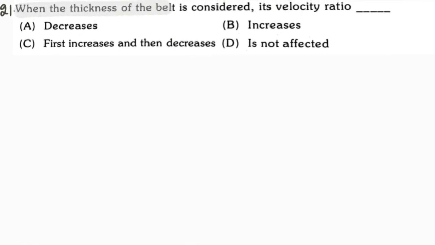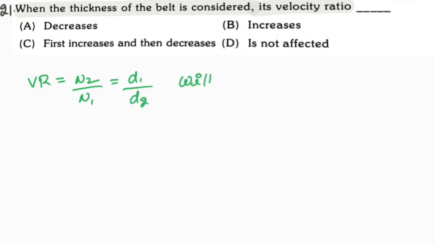When the thickness of the belt is considered, its velocity ratio. As you know, velocity ratio equal to n2 by n1 is equal to d1 by d2 without thickness and slip.